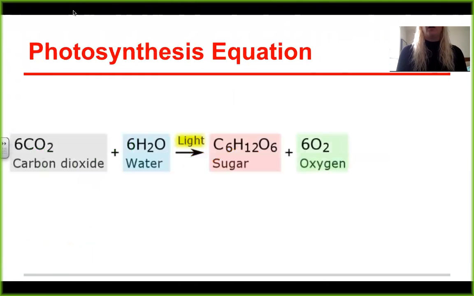So then we want to look at our equation for photosynthesis. And again, we're thinking about what's needed and what's produced. Right, this looks so simple. In fact, you might be thinking, wow, this doesn't seem too hard. But if you actually trace all the steps that happen in a plant cell, right, you will realize that it's much more complicated than this. But what do we need for the process to happen? Well, we need carbon dioxide, right?